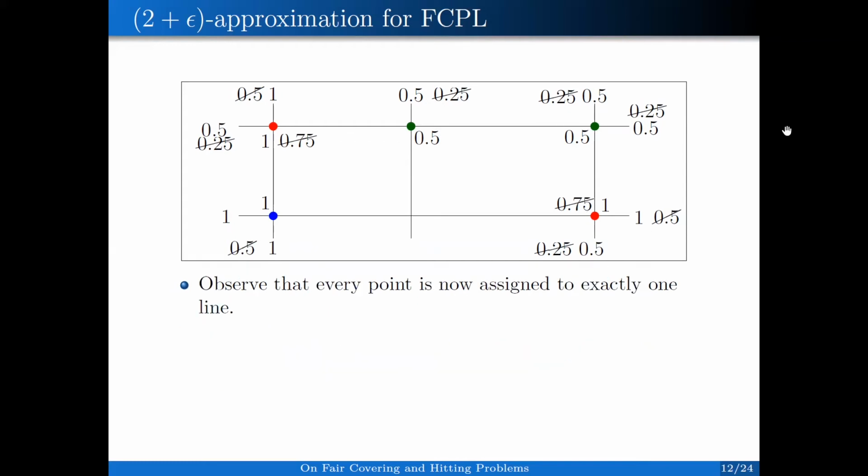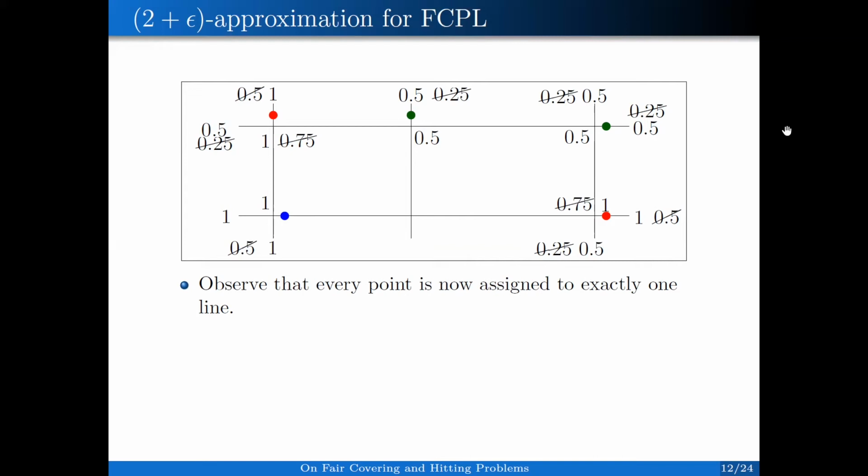And now observe that each point is assigned to exactly 1 line, but the solution we have is still fractional, and we need to round it to an integral solution. And it is still not straightforward to do that, even if each point is lying on exactly 1 line in the new instance.